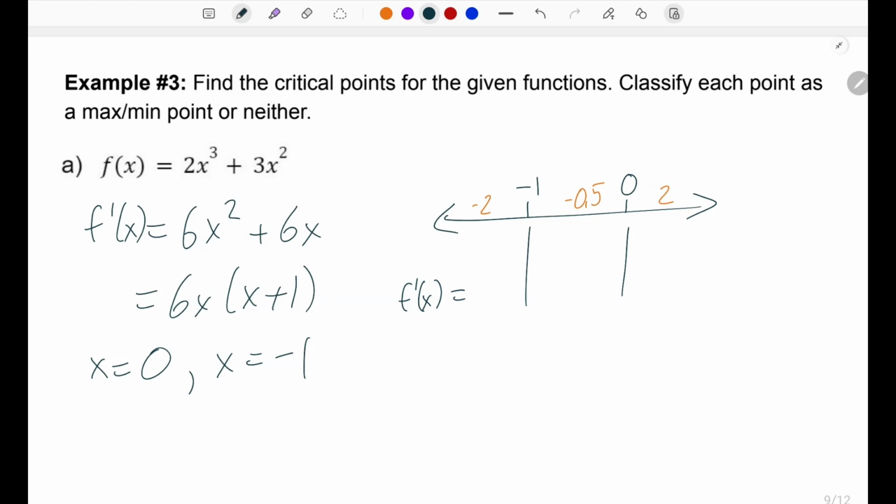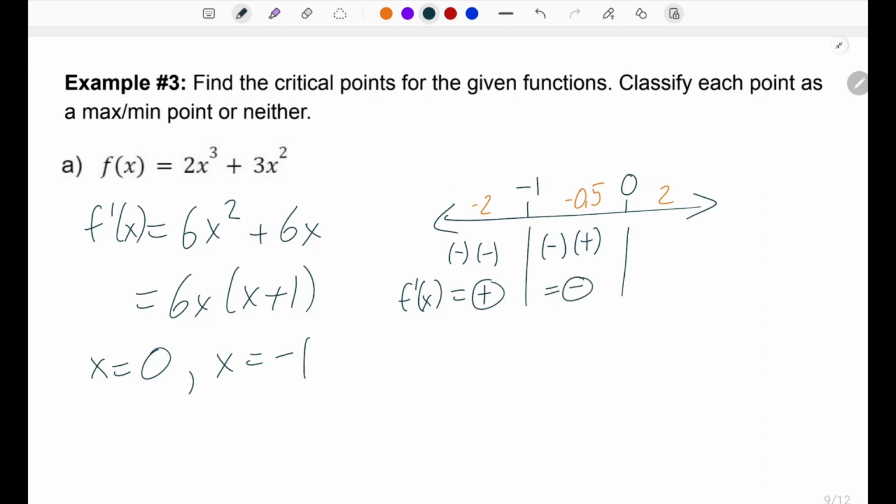What happens if you plug in -2? Well, you will have a negative times a negative, which is just a positive. If you plug in -0.5, 6 times -0.5 is negative. -0.5 plus 1 is positive. So that's equal to a negative value.